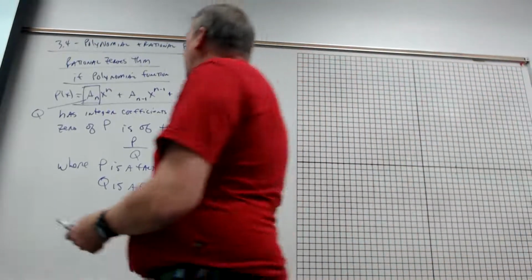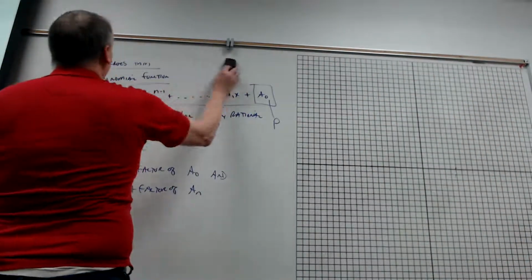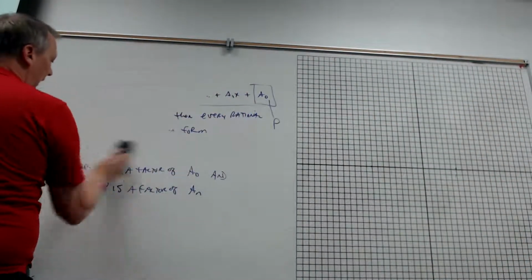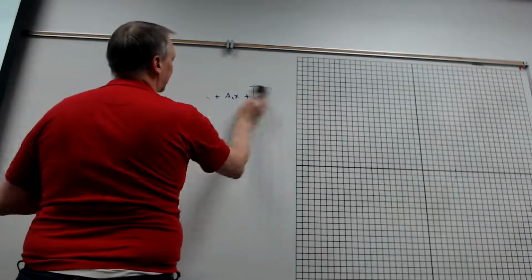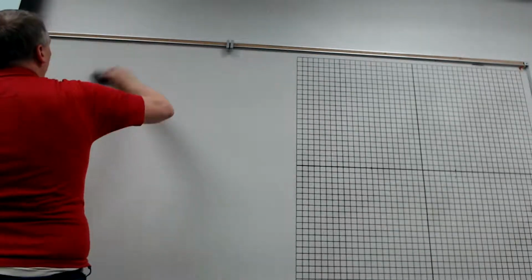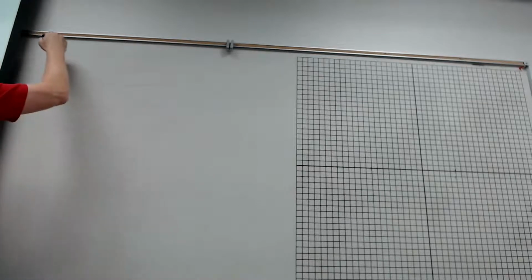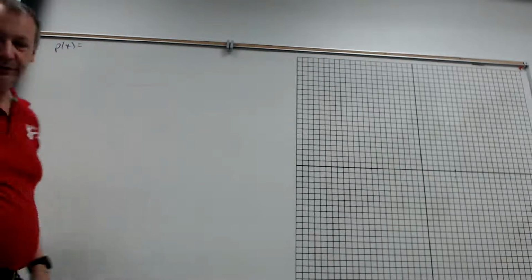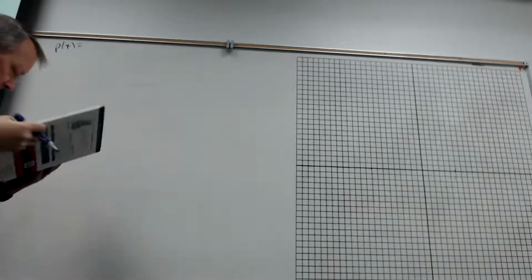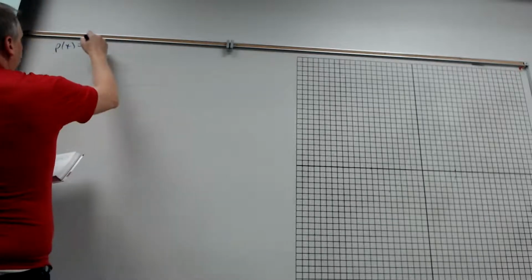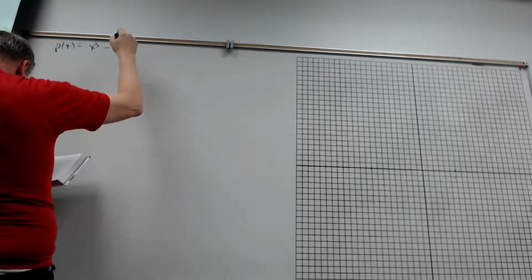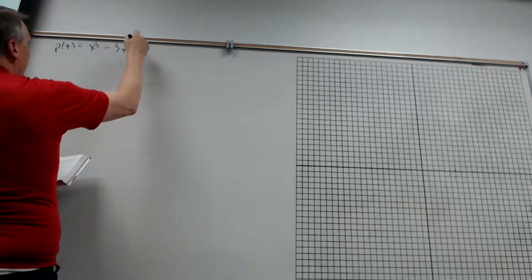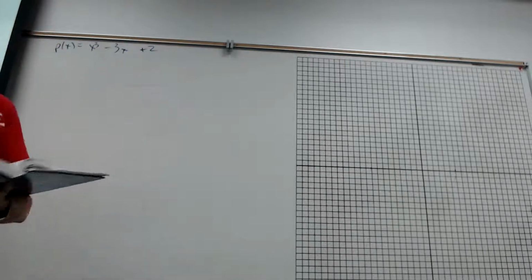Okay. So this is a really cool theorem. And here's what it means. Okay. So let's do an example where I've got some p of x equals x cubed minus 3x plus 2. Okay?